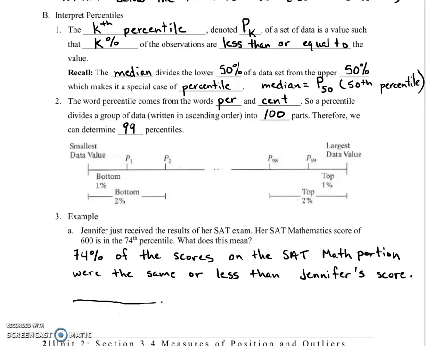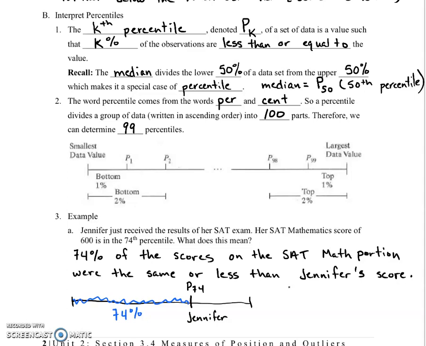So if we had to draw that, here's P74, which is what Jennifer scored. And that means that this blue shaded part is 74% of the data. So 74% of the scores were at or below Jennifer's.